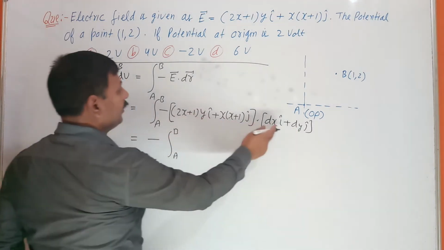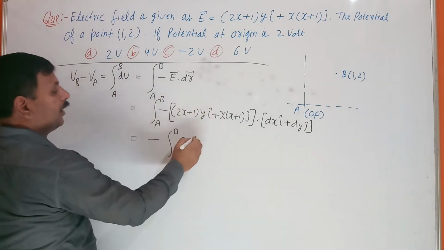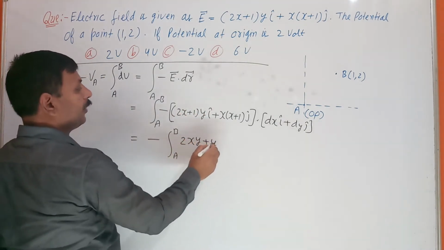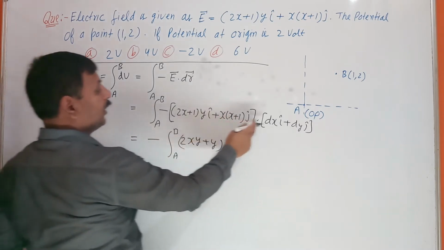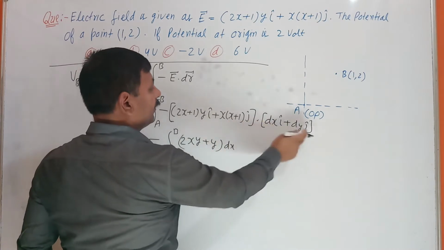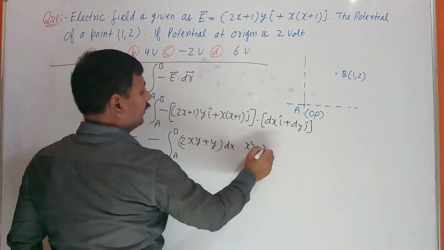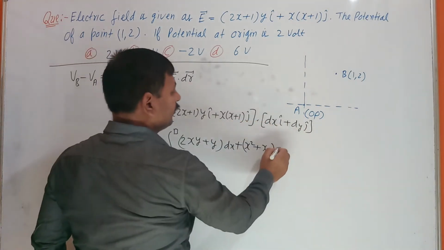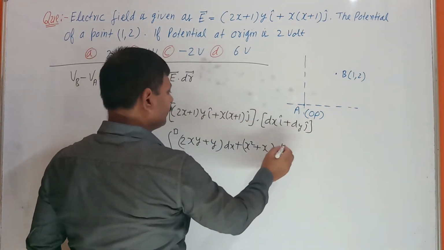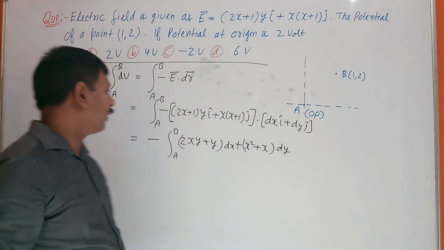What will be the result? That will be (2xy + y) dx plus (x square + x) dy. So this will be E dot dr.